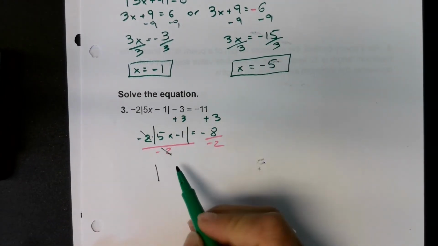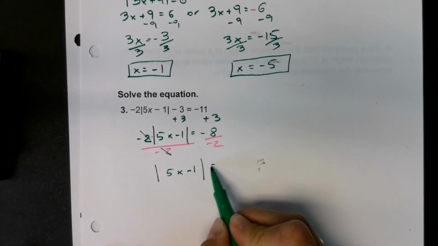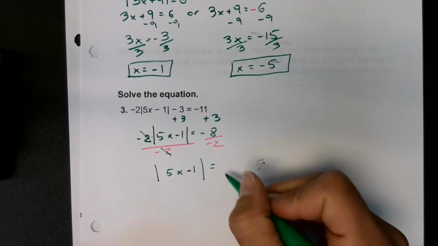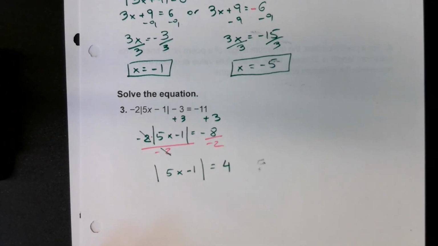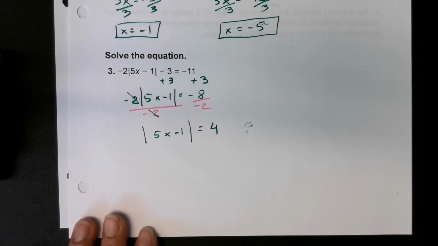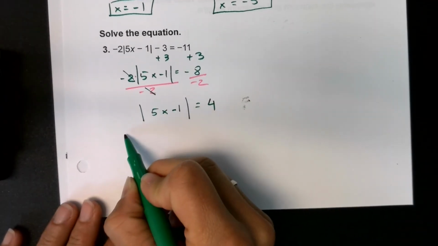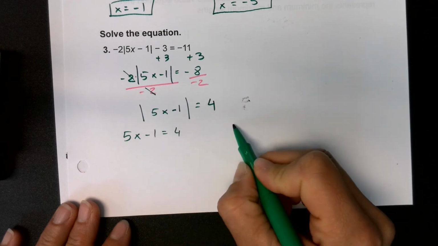So what's left is absolute value of 5x minus 1 equals negative divided by negative is positive, and that will give us 4. And now we can solve it. Okay, you guys do it on your own, because now you should be able to set it up. Remember, you move 4 units to the right and 4 to the left in a number line. So I'll do this quietly. And we'll see if we get the same answer.